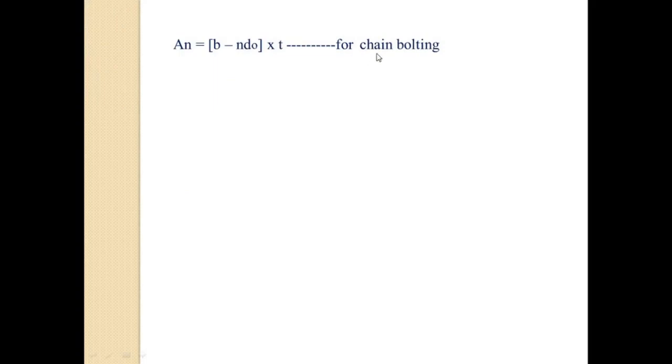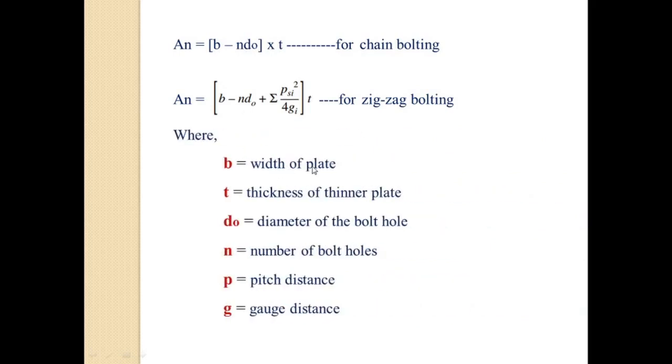There are two types: chain bolting and zigzag bolting. First, for chain bolting, we use the formula for the net area, (B minus n D0) multiplied by t, where B is the width of the plate, t is the thickness of the thinner plate, D0 is the diameter of the bolt hole, which is taken as the diameter of bolt plus 2 mm, and n is the number of bolt holes.